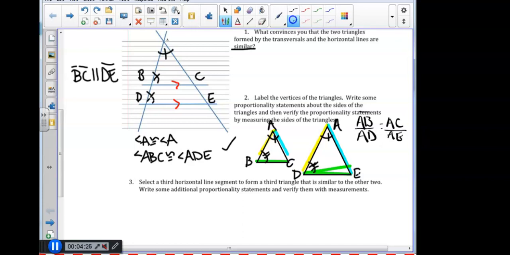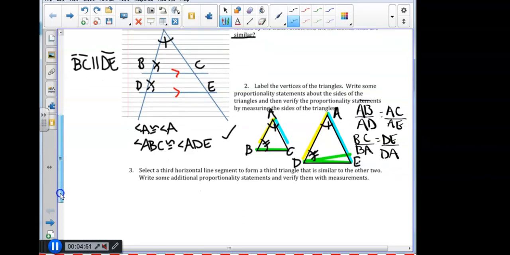So what we're doing is we're writing a proportion like we've done previously to relate corresponding sides. We could also say BC divided by BA is equal to DE divided by DA. So we can write many proportionality statements. We got very good at that at the beginning of this unit.